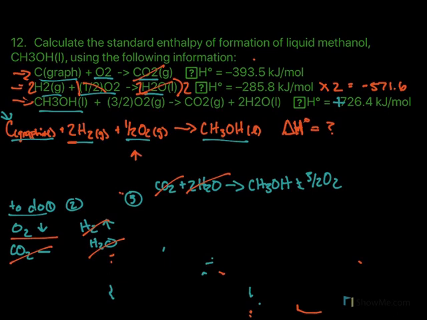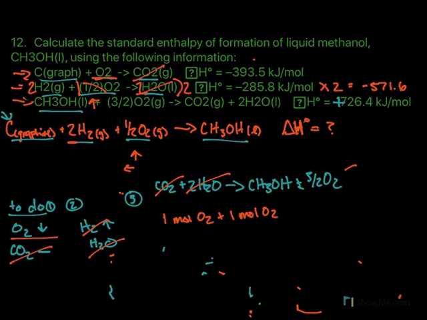So here in my equation, I want 1/2 of the oxygen on the left side of the equation. So if I look at what I've got here, I've got 1 mole of oxygen there. I've got 1 mole of oxygen right here.